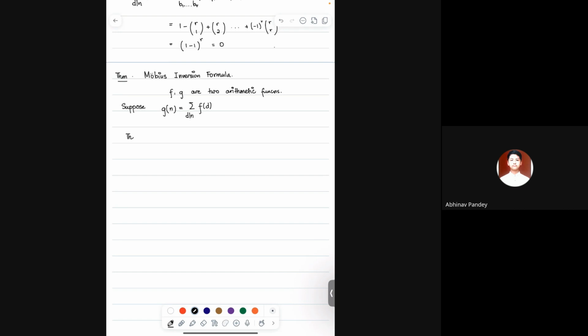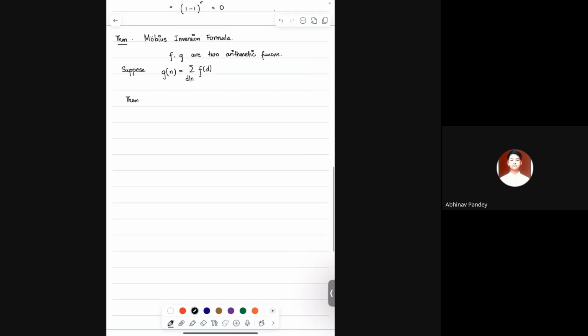This is again something that's used a lot when you're working with analytic techniques. So then f(n) can be written as the summation over d dividing n of mu(d) times g(n/d).